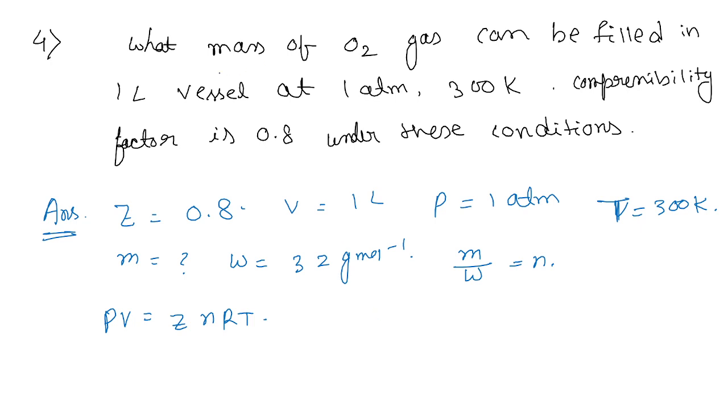Whenever you solve, see how to correlate the things. They ask you to calculate the mass. They also provided the gas, which means they provided you the molecular weight. What is the mass they want?